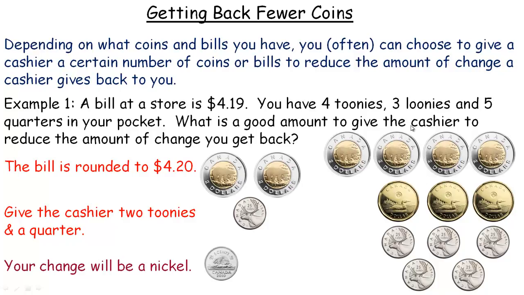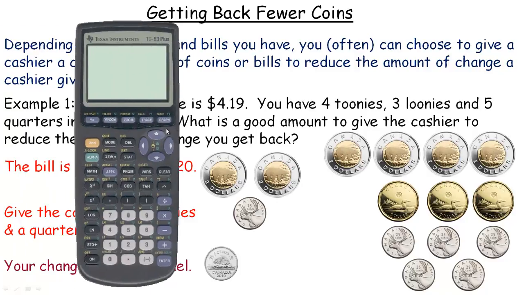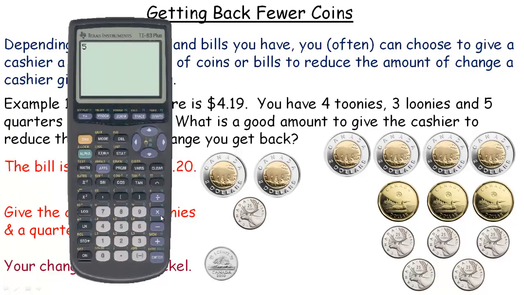For example, let's say instead of this quarter, you put a loonie there. That would be $5 that you would have given them, and they would owe you 80 cents. So they subtract $4.20 from the $5 and give you 80 cents back.